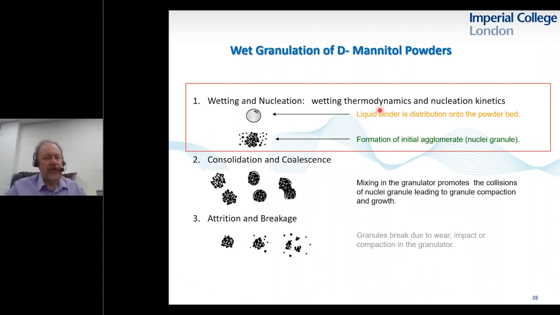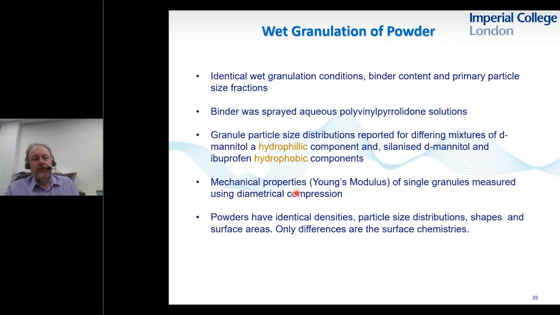The final example I'm going to talk about today is wet granulation. Wet granulation is a popular unit operation for consolidating materials. It involves taking a liquid binder, spraying it onto a powder, and forming agglomerates, which are then typically dried and used in manufacturing operations. In the study I'm going to talk about today, we use a PVP solution as our binder.